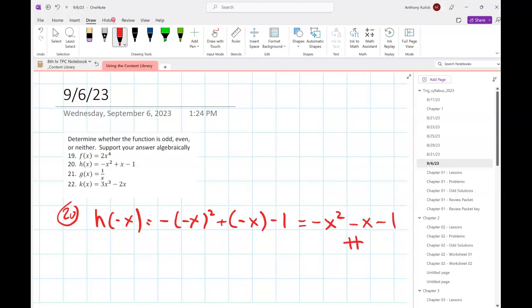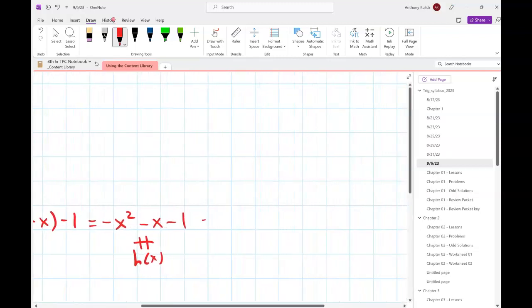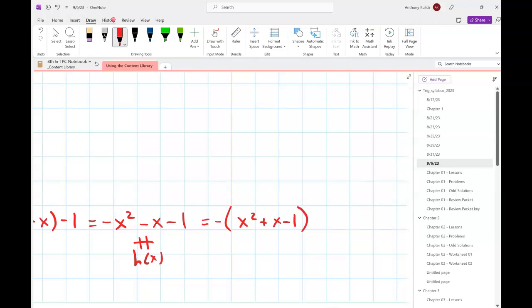Well, I see that that's definitely not h of x because this one has a minus x, h of x has plus x. And if I factor a negative sign out of this, that's definitely not negative h of x because h of x, this should be negative, right?